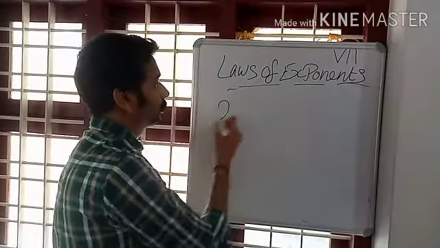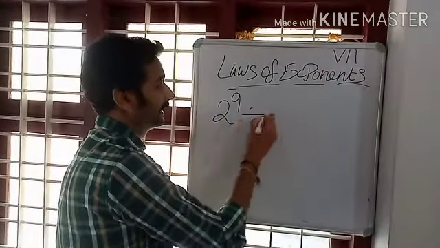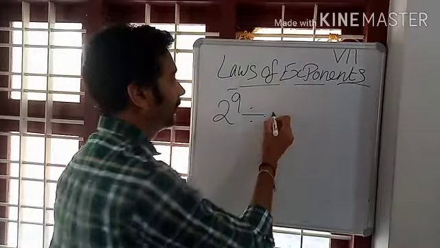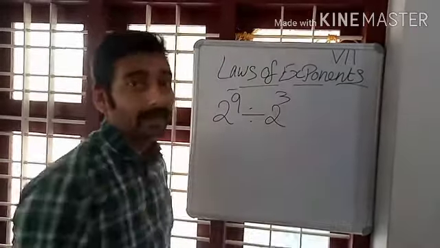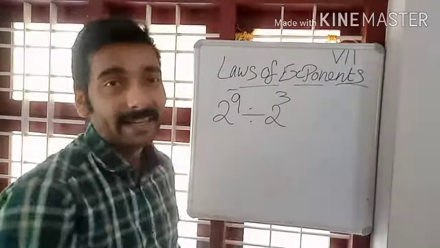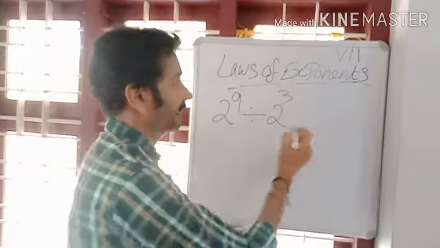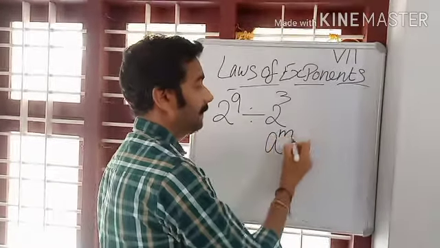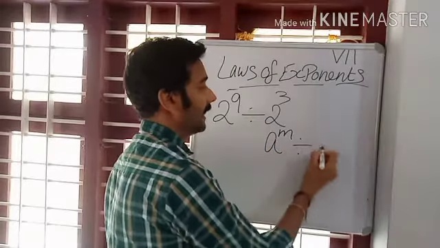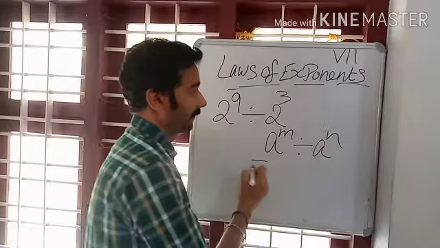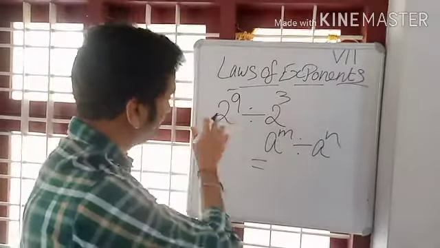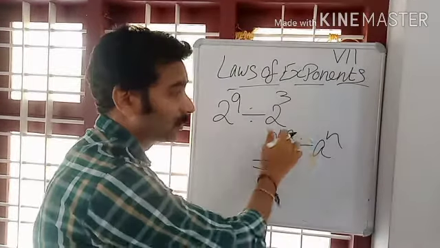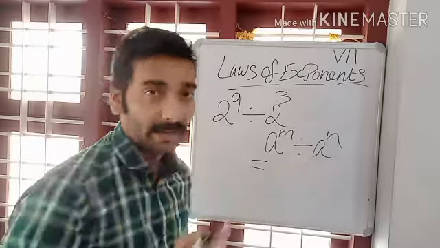Another one is 2 raised to 9 divided by 2 raised to 3. Okay, it is division. Laws of exponents, it is division. That is a raised to m divided by a raised to n. In case of division, the base is same. A raised to m divided by a raised to n. Base is same.